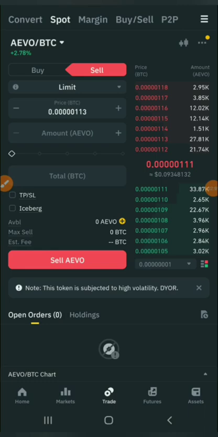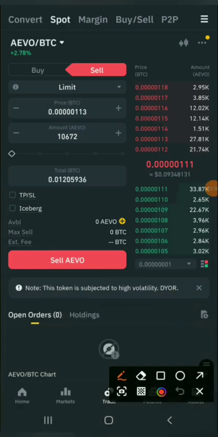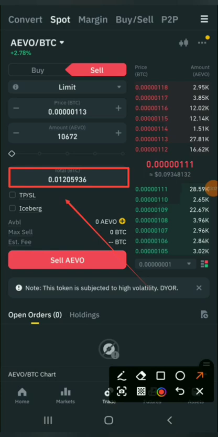Let's just type it over here. 10,672 worth of AEVO is going to give us 0.01205 worth of BTC. Now we are going to sell this 0.01205 BTC into USDT to see how much profit we have actually made.